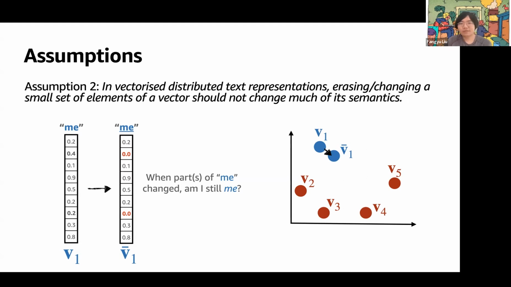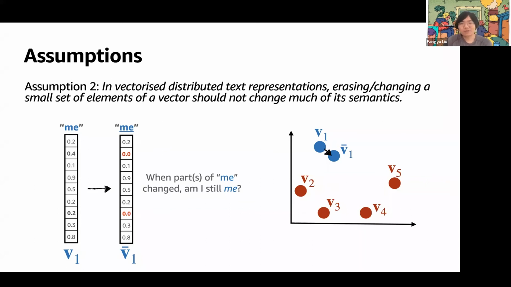We assume that in vectorized distributed text representations, if we erase or change a small set of elements of the vector, its meaning shouldn't be changed too much. This is easy to understand because based on the distributed representation theory, information should be stored evenly across different elements in a vector. And hopefully the missing elements could be reconstructed from elements in other positions.